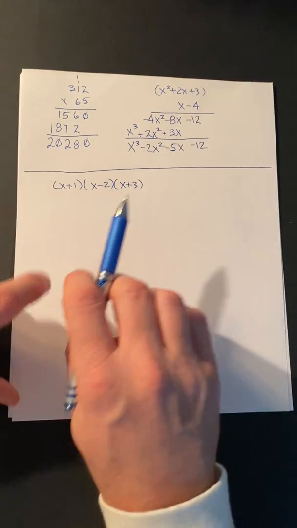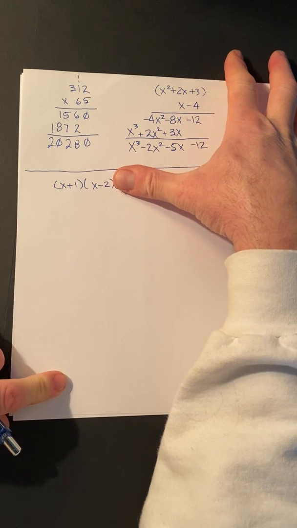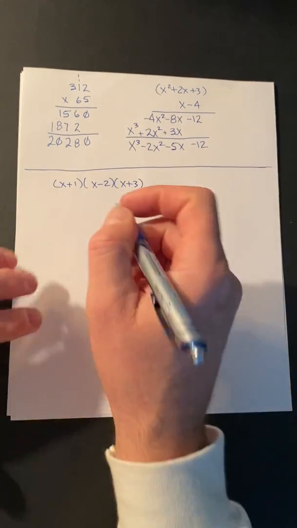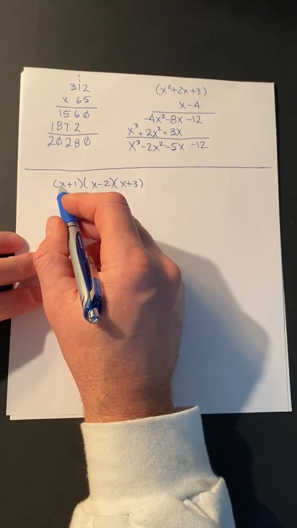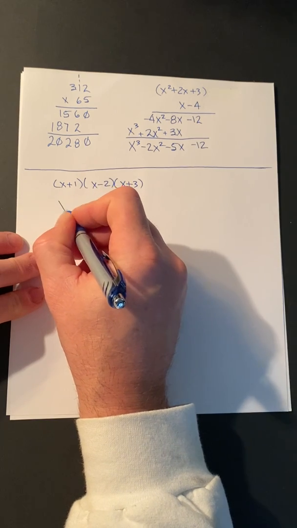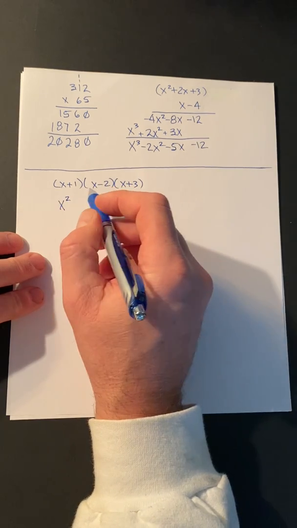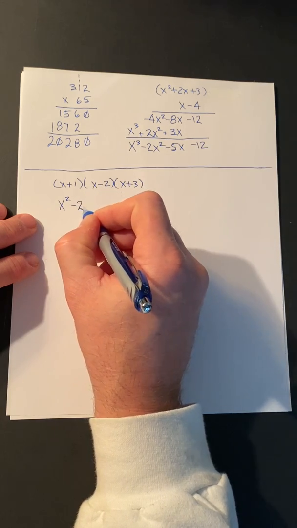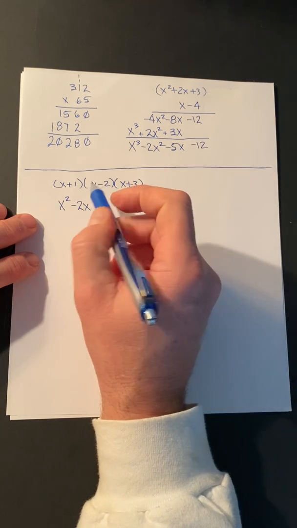So if I look at the first two, I just have a FOIL, don't I? Just binomial times binomial. So let's do that. Here I have x times x, or x squared. I have x times a minus 2, or minus 2x.